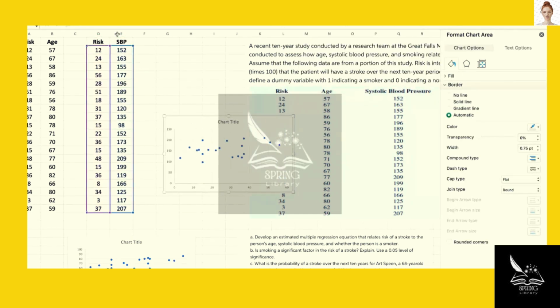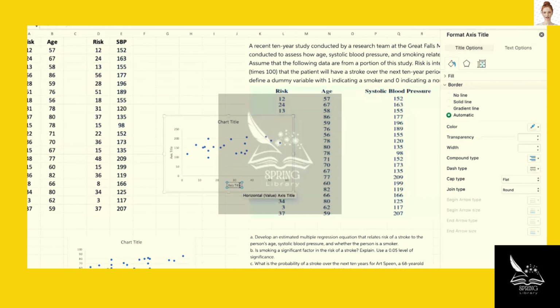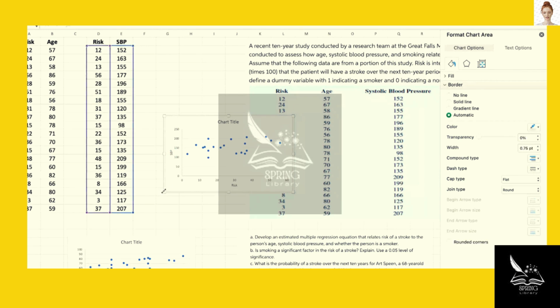And I'm going to label it. I'm going to name this risk. And I'm going to label this SBP. And let's just make this a little bit bigger.